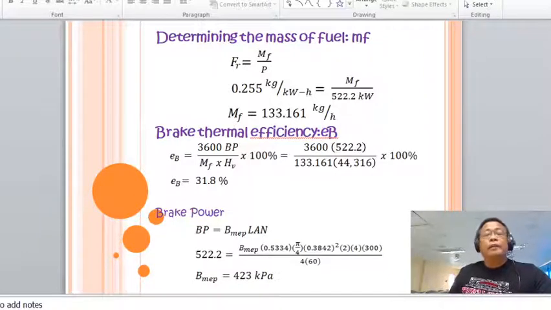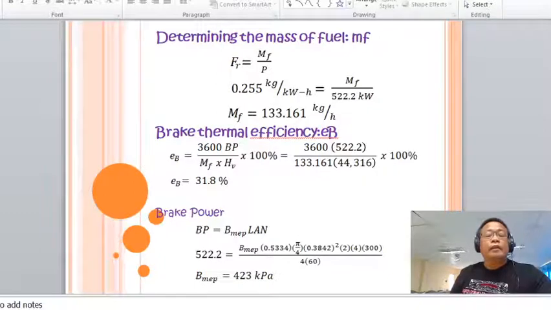For the brake thermal efficiency, EB is equal to 3,600 times BP over energy chargeable, or MF times HV, times 100%. Substituting values, the brake thermal efficiency is equal to 31.8%. Then solving for the brake mean effective pressure, from the brake power formula, brake power is BMEP times LAN over 60 for SI.